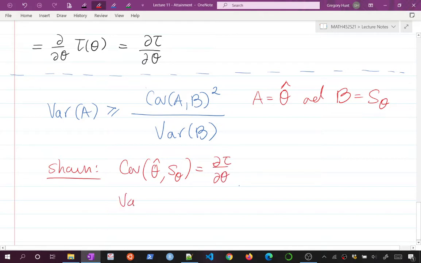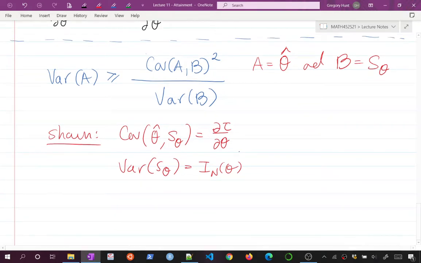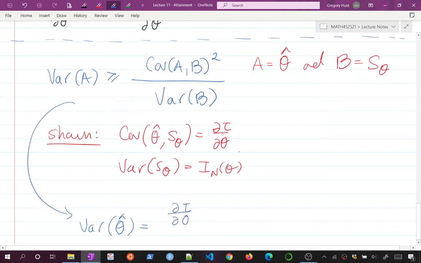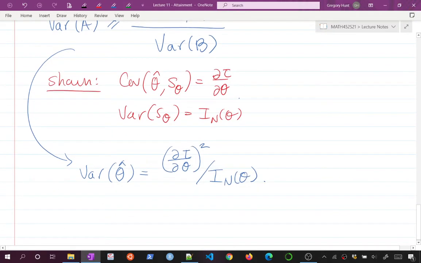We know that the variance of the score is, by definition, the information, and the variance of a is just the variance of our estimator. So if we plug all these in, we get the variance of theta hat is at least the covariance between theta hat and s squared over the variance of the score, which is the information. So that's the theorem, and that's the full proof.